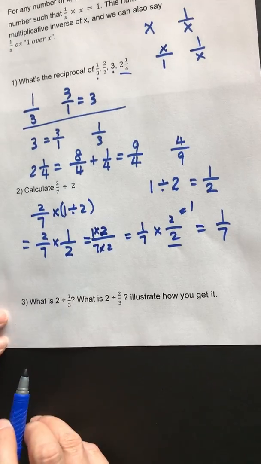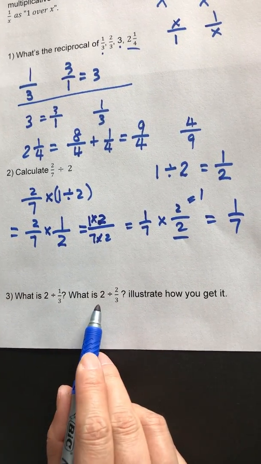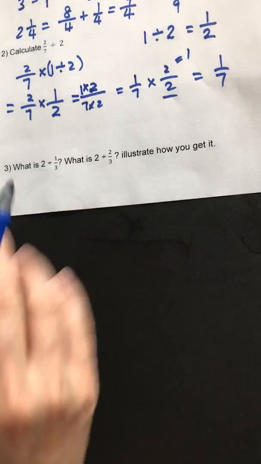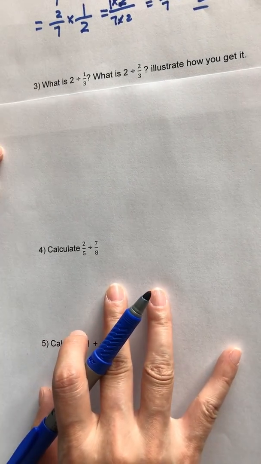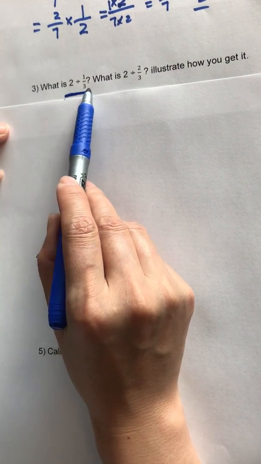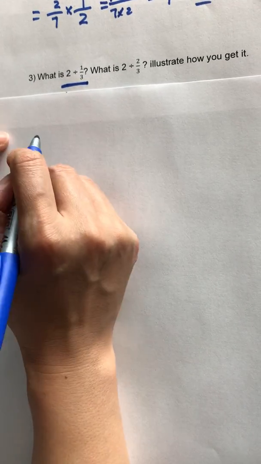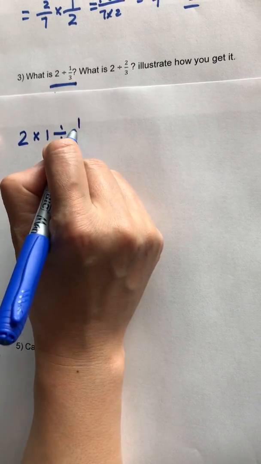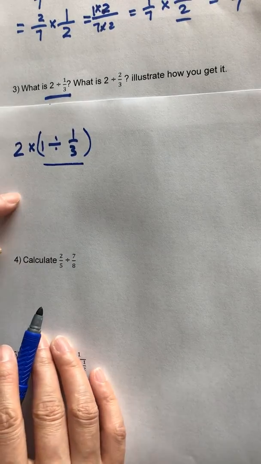Number 3, what is 2 divided by 1/3? What is 2 divided by 2/3? And illustrate how you get it. When we are looking at these kinds of operations, we can always think of the problem as 2 multiplied by 1 divided by 1/3, if you want to do this one first.